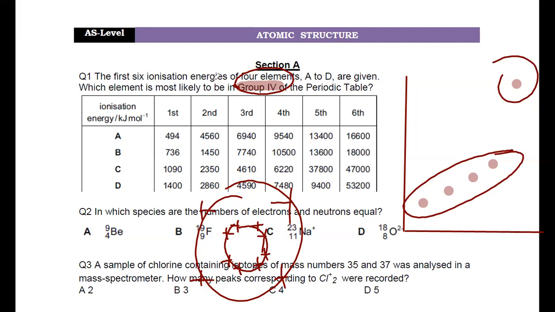If an element is in group 4, it has 4 electrons in the outer shell, so when we go to the 5th electron, we will have a jump of energy because the 5th electron will be in the inner shell. So you have to choose an option where we can see this jump between the 4th electron and the 5th electron.